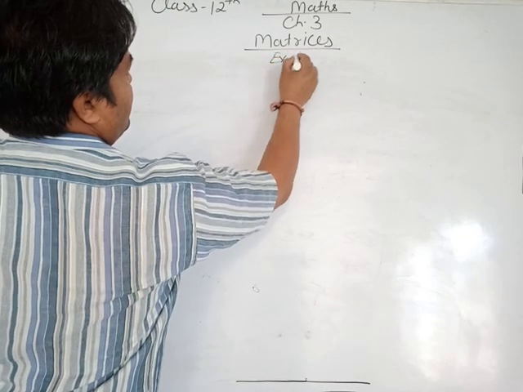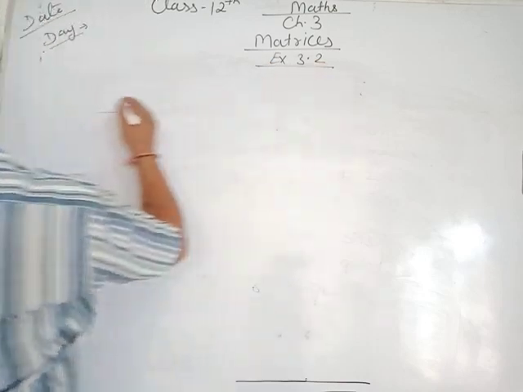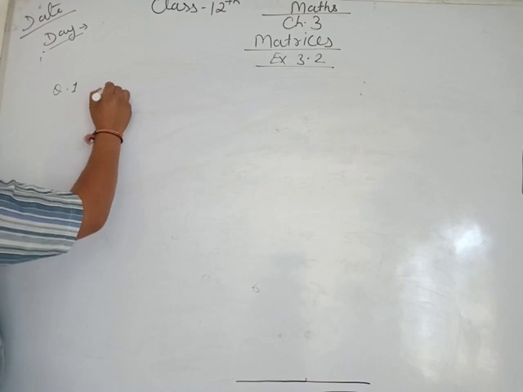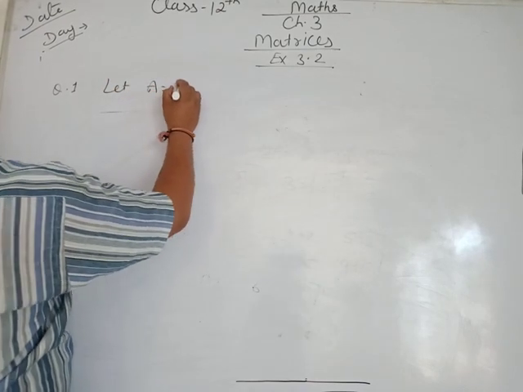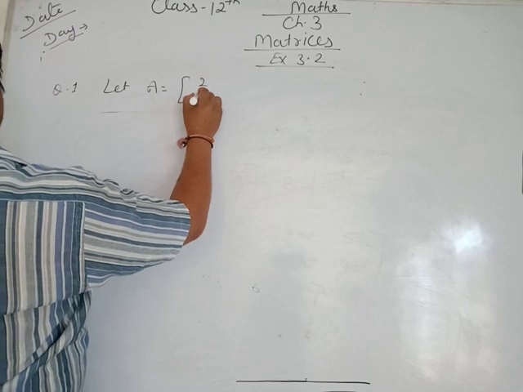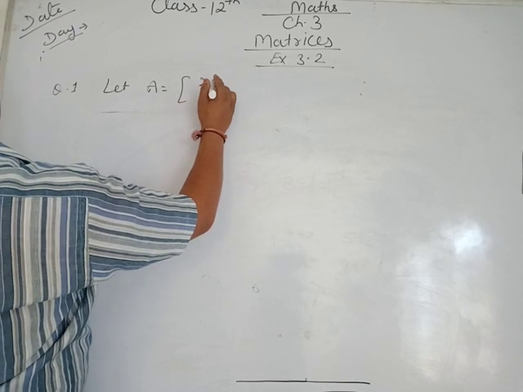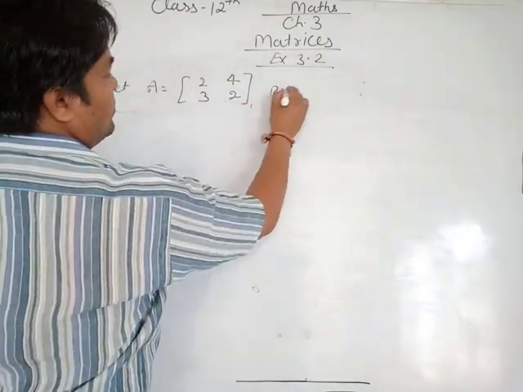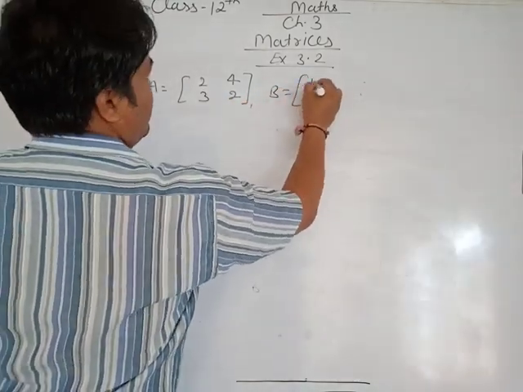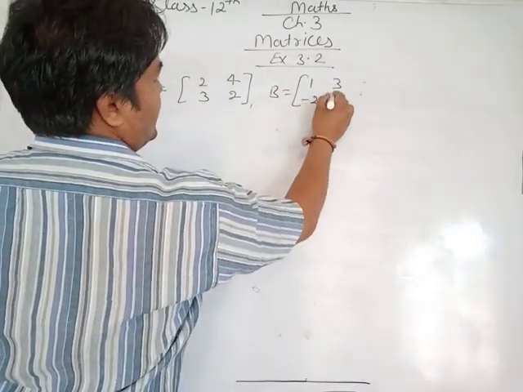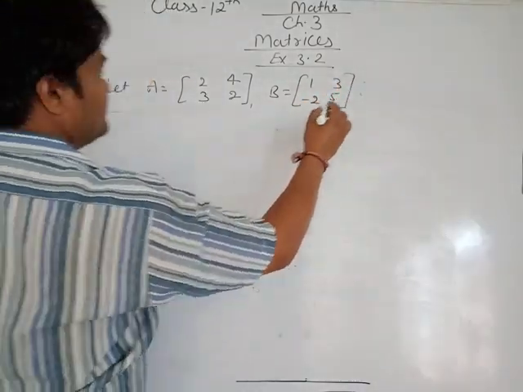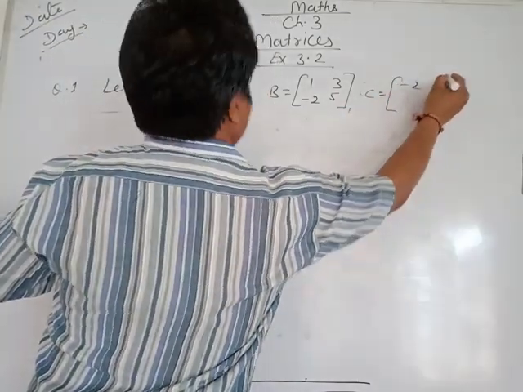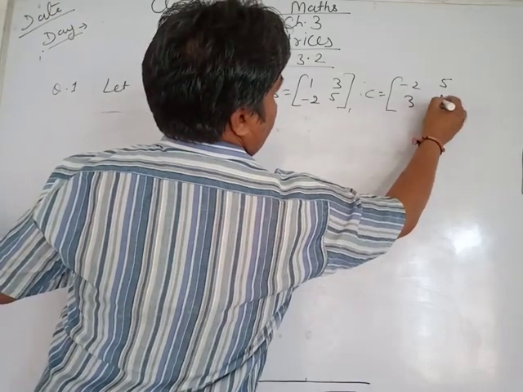Here in question number one, we have given let A equal 2, 4, 3, 2, and second B equal 1, 3, minus 2 and 5, C equal to, we have given C: minus 2, 5, 3 and 4.